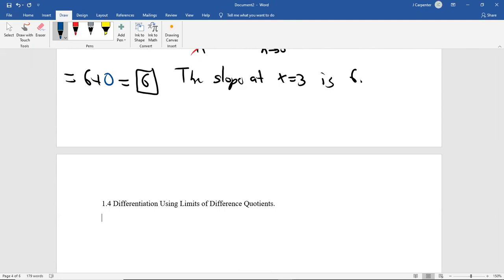Differentiation kind of sounds like difference quotient, differentiation, difference. They're similar. So differentiation relates to the difference quotient. So that's why we say doing differentiation using limits of difference quotients. There's another word for differentiation.